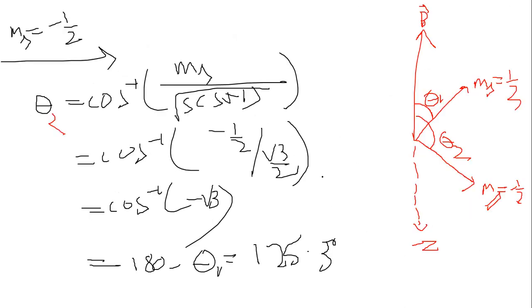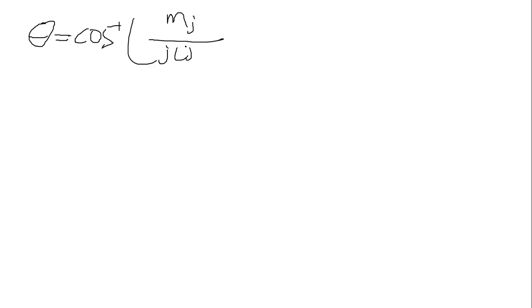As in the previous case, theta was cos inverse of ms divided by root of s into s plus 1. Similarly here, theta will be cos inverse of MJ divided by root of j into j plus 1.